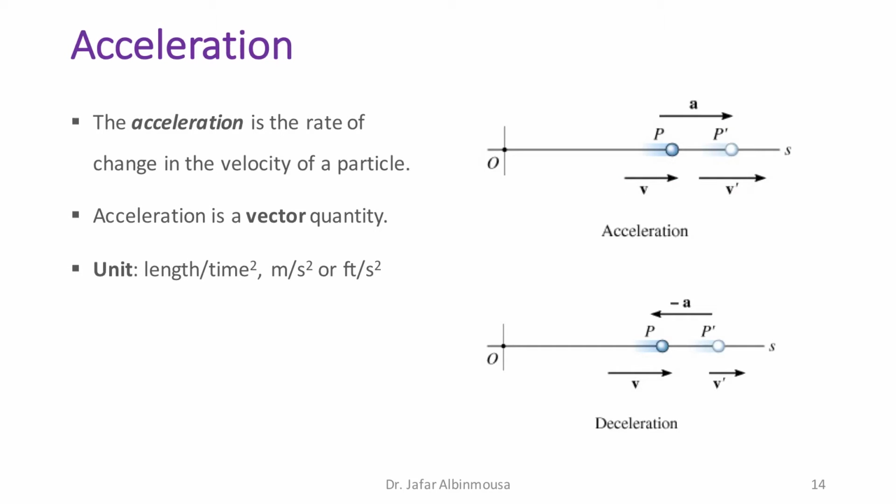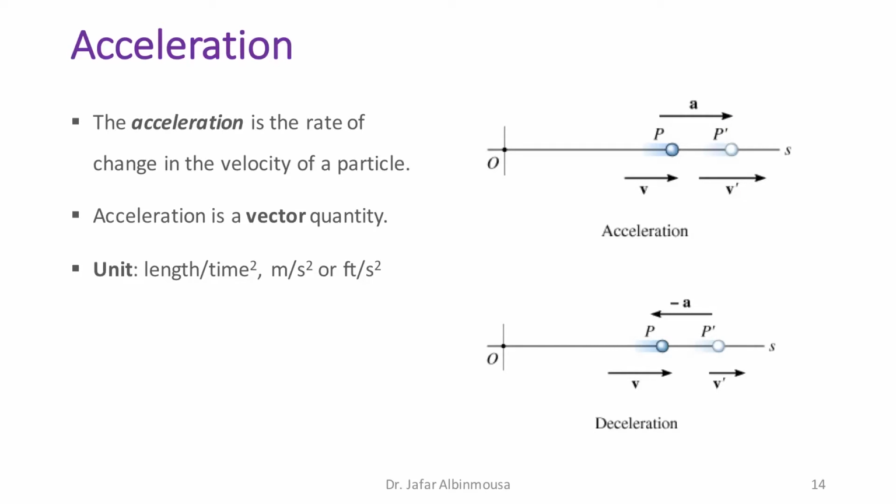Now, we move to the acceleration. Acceleration is the rate of change in the velocity of a particle. It is the same concept: the rate of change of the position is the velocity, and the rate of change of the velocity is the acceleration.